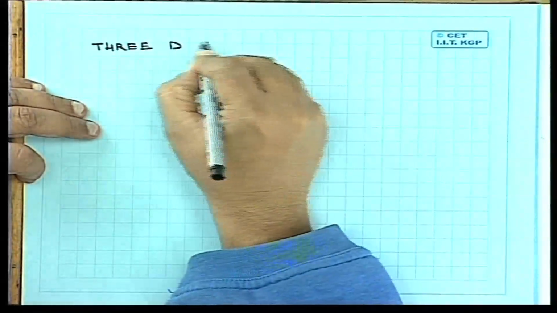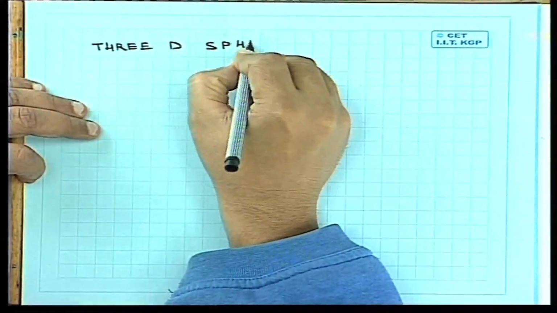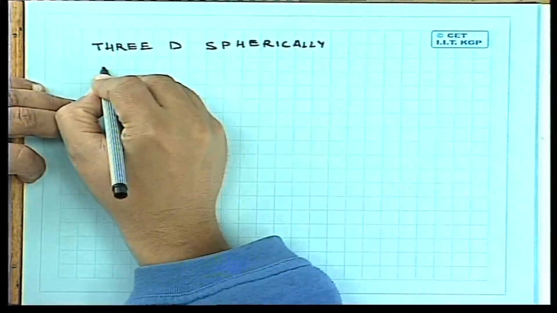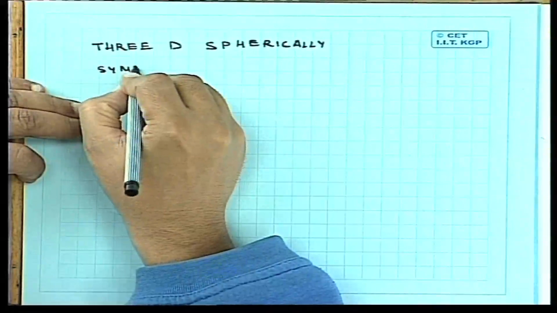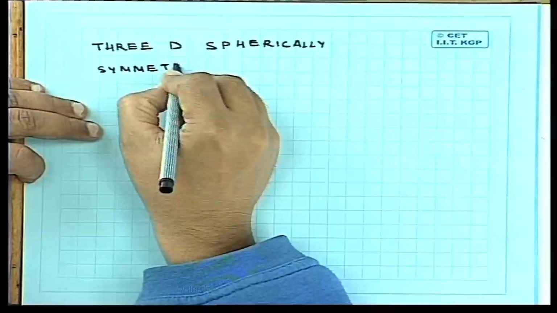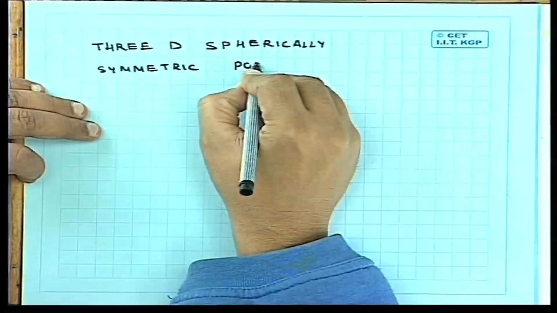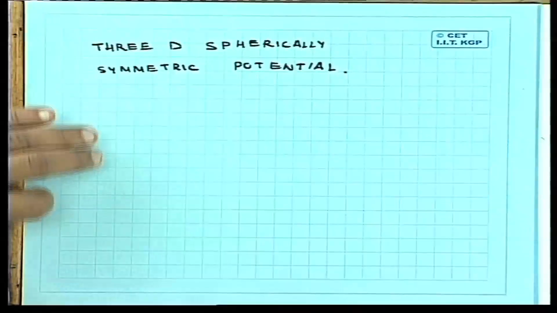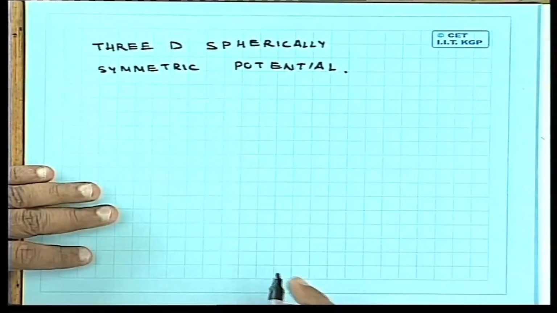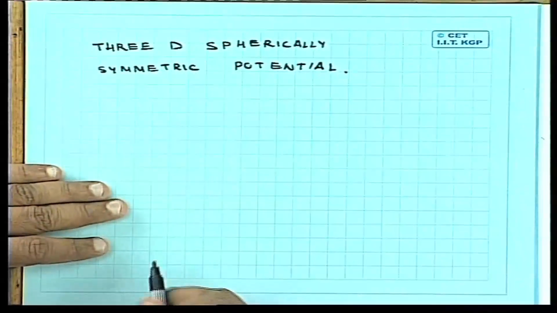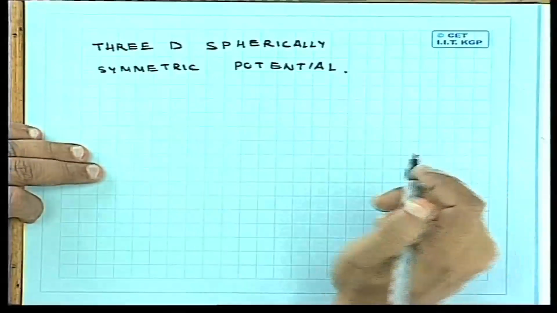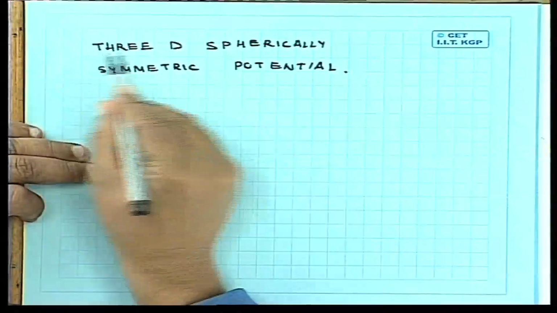The Hamiltonian for a particle moving in this potential we had worked out, and we had also worked out the Schrodinger equation. So let me write down the Schrodinger equation for a particle moving in such a potential.